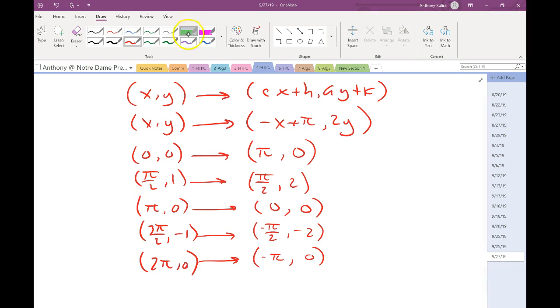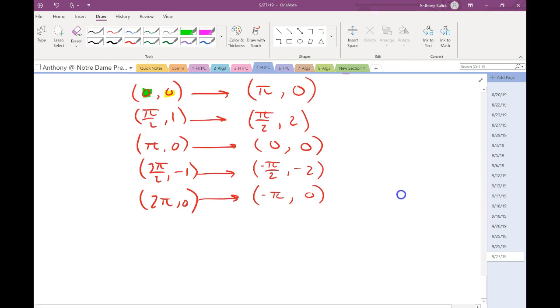I'm just taking my x, plugging it into the x, and then taking my y and plugging it into the y. So, nothing sneaky, right? Now I have everything I need to generate as much of this graph as I want.